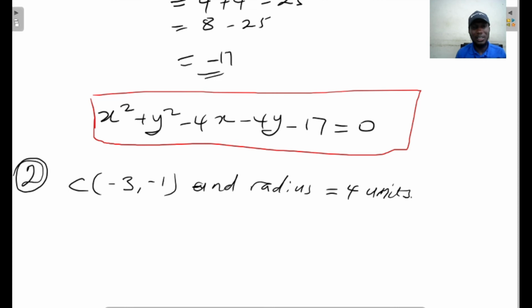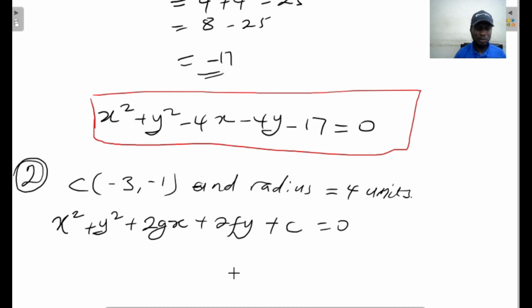The circle has the center coordinate -3, -1, and the radius is 4 units. So as usual, we have to quote the general equation first: x squared plus y squared plus 2gx plus 2fy plus c equals 0, where g is -a and f is -b.